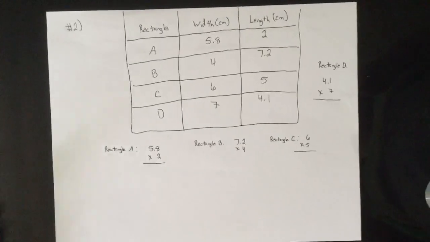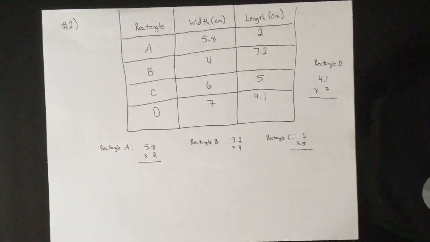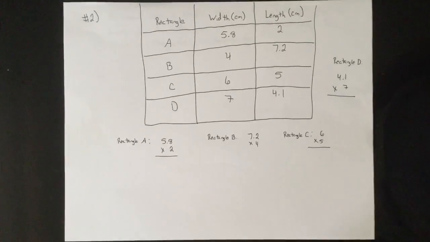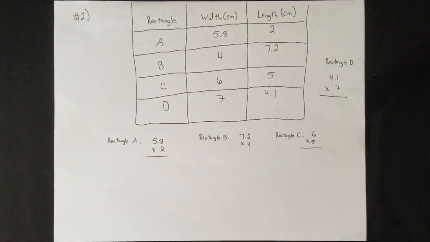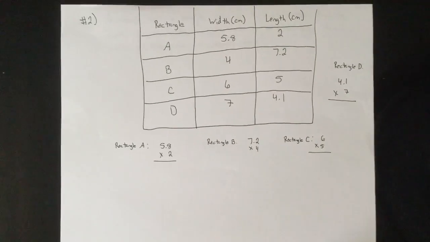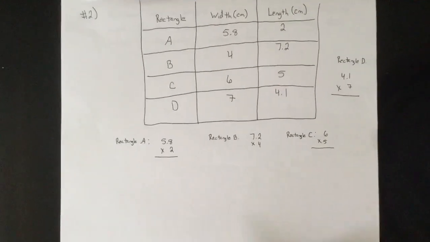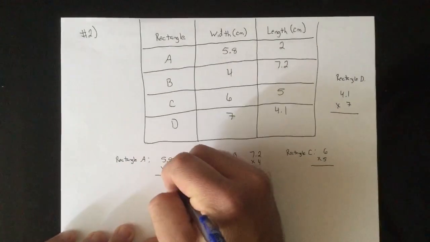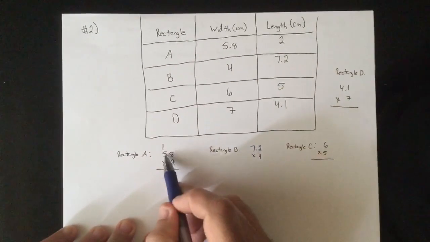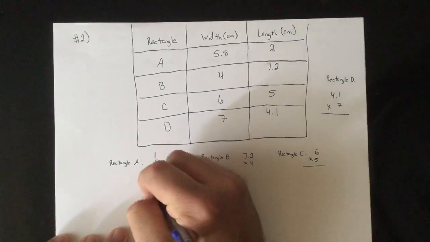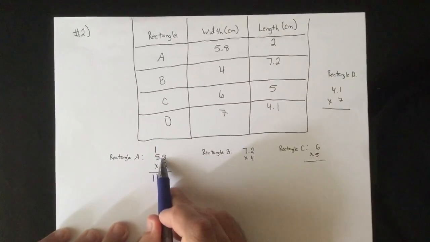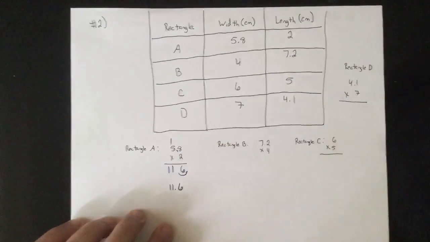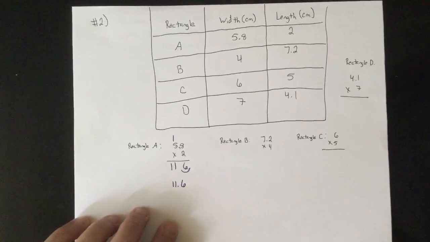Number two was a problem that looked like this. And it said you had to find the rectangle with the largest area and subtract it from the rectangle with the smallest area. So let's figure this out first. Rectangle A, 2 times 8 is 16. 2 times 5 is 10, plus 1 is 11. Move my decimal back one time. So that area is 11.6.